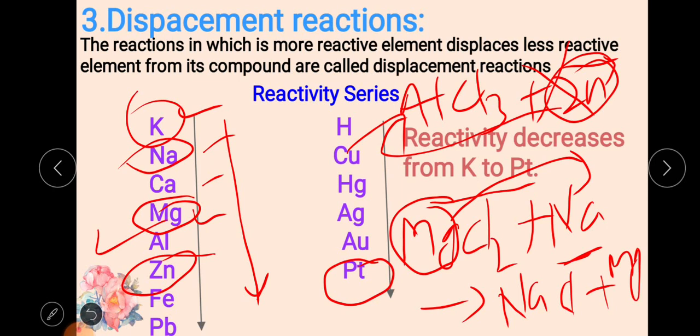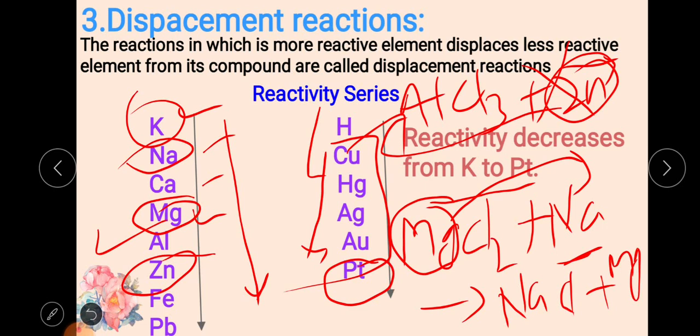Zinc, iron, lead, hydrogen, copper come under moderately reactive elements. Copper comes under both moderately and least reactive elements. Copper, mercury, silver, gold and platinum are the least reactive elements, as they don't react with many elements. I will study about this reactivity series of metals in the third chapter, metals and non-metals.